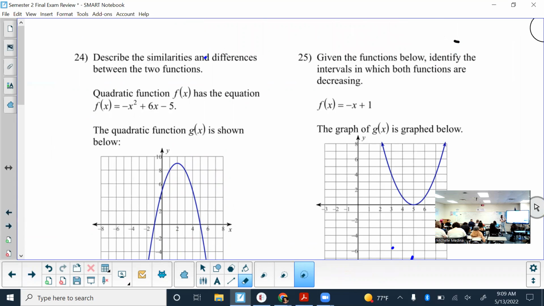So you need to be able to compare them. Like it might ask you which one has a higher vertex, or which one has a greater axis of symmetry? Things like that. So be able to identify it for both and compare.